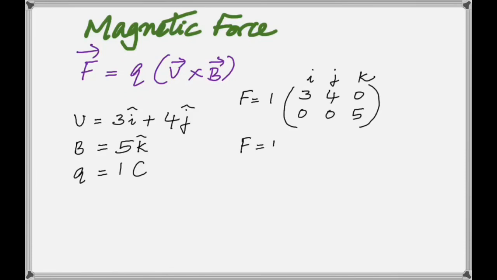I, J, K, 3, 4, 0, because there's no K here. And then I took the simplest, I just wanted to make it easy. No I and J here, it's only K. So you end up with that. I hope you understood that. Did you? Okay.